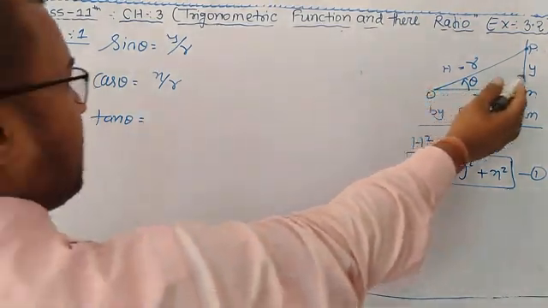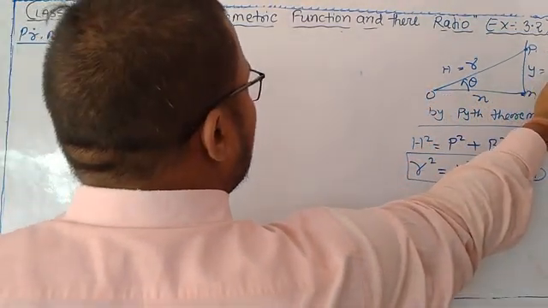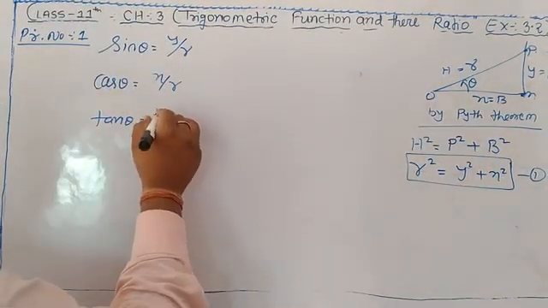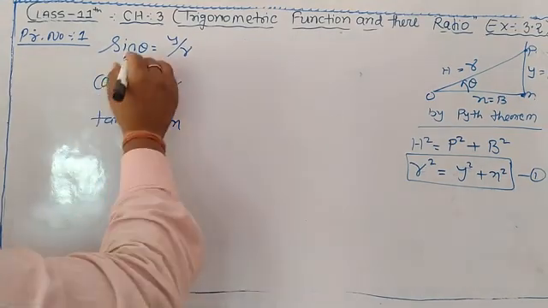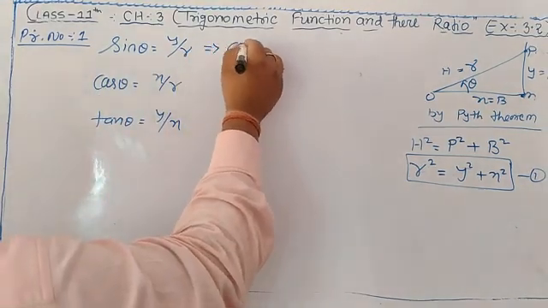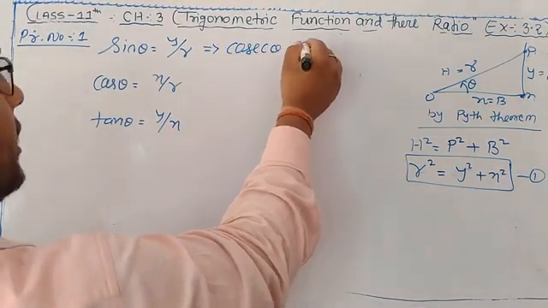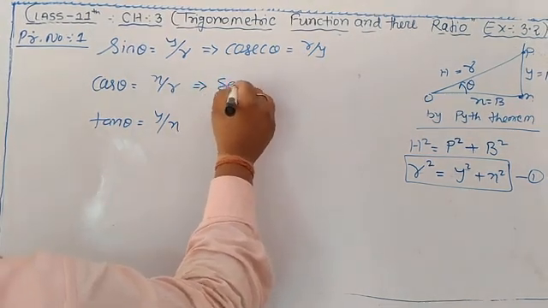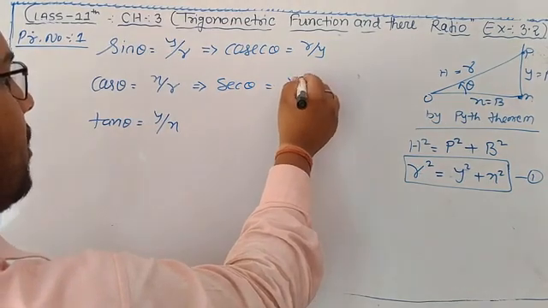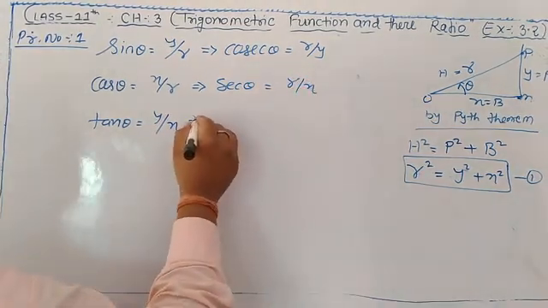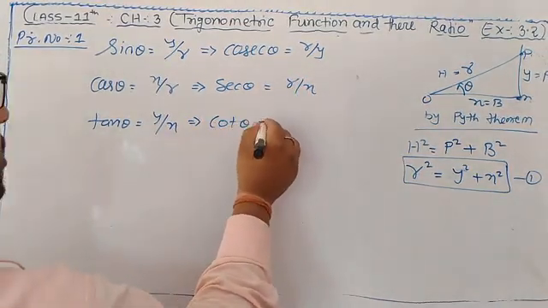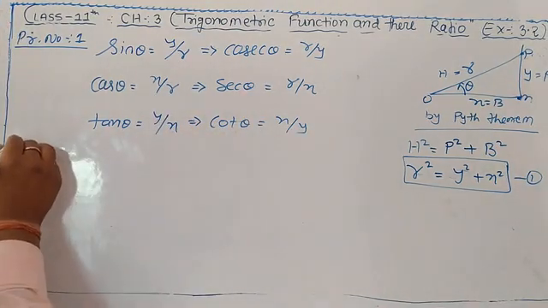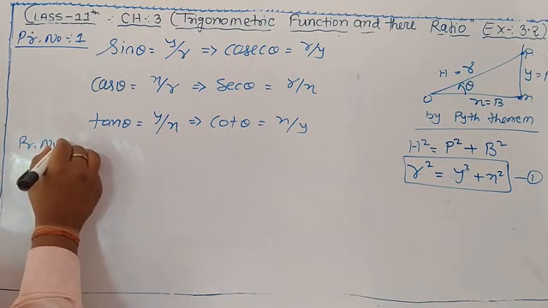The perpendicular is y and x is the base, so y upon x. Sin theta is the reciprocal of cosec theta. Cosec theta is equal to r upon y. Cos theta is the reciprocal of sec theta, r upon x. Tan theta is the reciprocal of cot theta, x upon y. Okay student, property number 2.